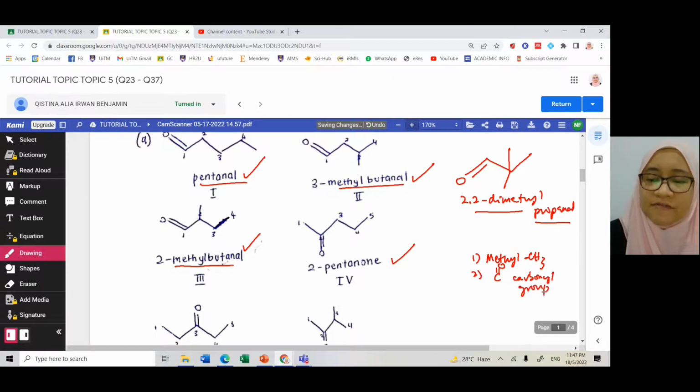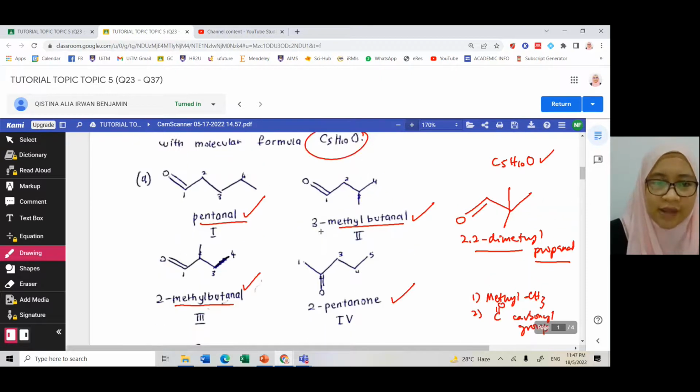It is different compared to alcohol. For alcohol we have to have methyl, OH, and also hydrogen. But for carbonyl, we need to have methyl and also the carbonyl group. We don't need hydrogen for this one. So we have to identify and check each one of them.